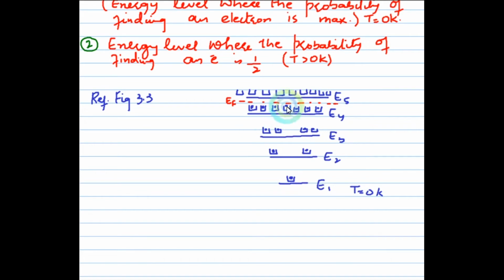Now when temperature increases, the electrons which are in the range of kT below the vacant level will gain the energy, that is kT by Q, because these electrons which are in the lower levels require higher energy as compared to the electrons which are in the higher levels and quite nearer to the empty level.